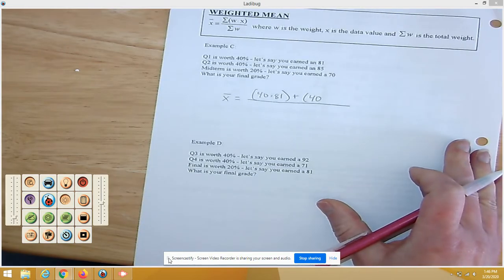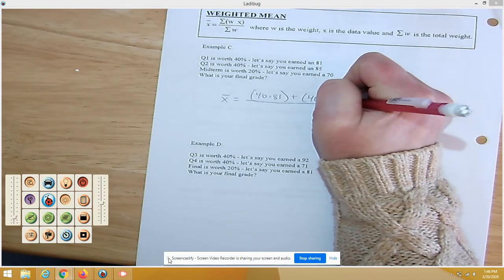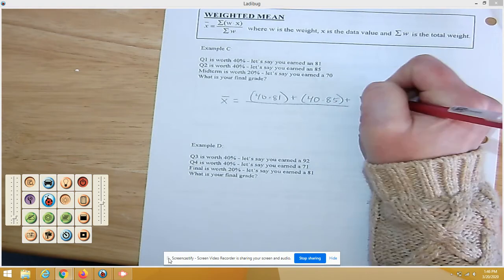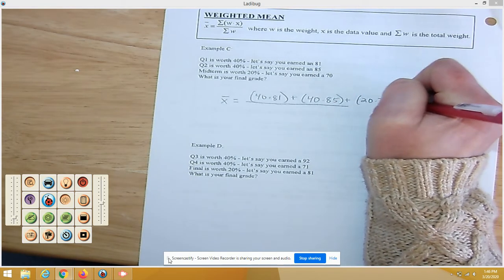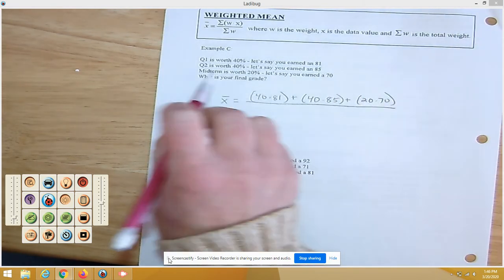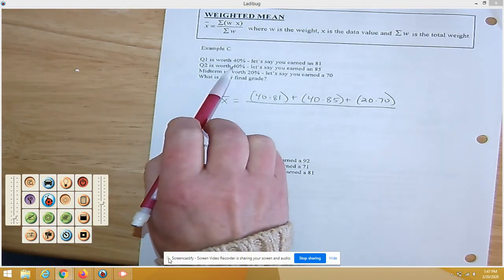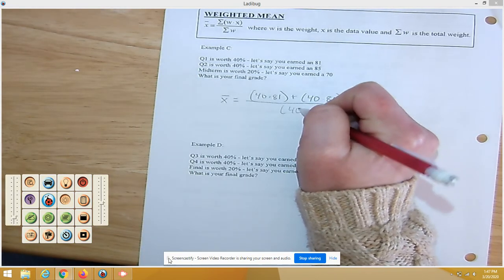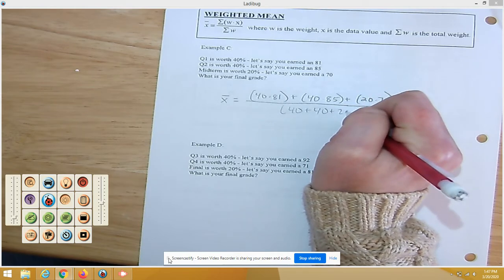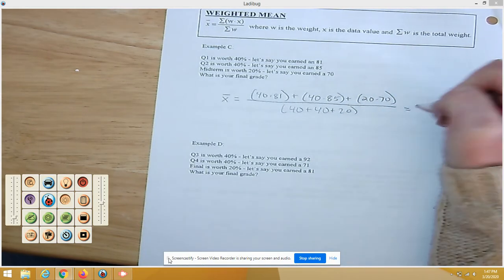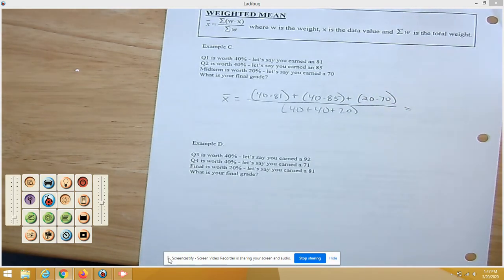All right, and then 40 times 85, and then 20 times 70. Okay, and then I'm going to add up all the weights. So the weights are 40, 40, and 20. So that's going to be 40 plus 40 plus 20. And then all you're going to need to do is be really careful with your order of operations. I would say pause it right now and try to finish the question and then come back to the video.